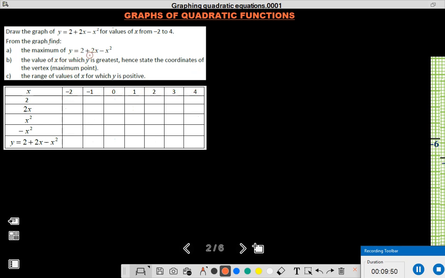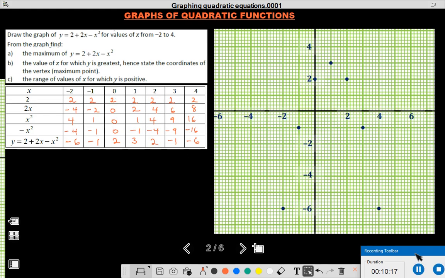Now, as we did in the previous example, we write the independent terms. We have 2, we have 2x. Now we are going to have x squared and then minus x, and we fill all the spaces to get the y coordinates. So you pause the video and complete it. Let me give you some time to pause the video and complete it.